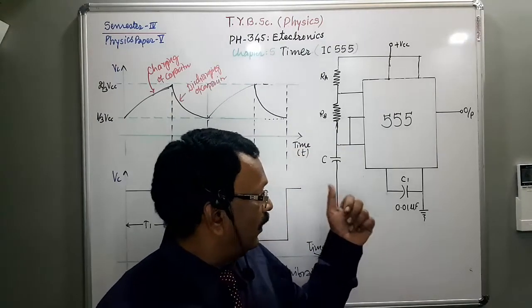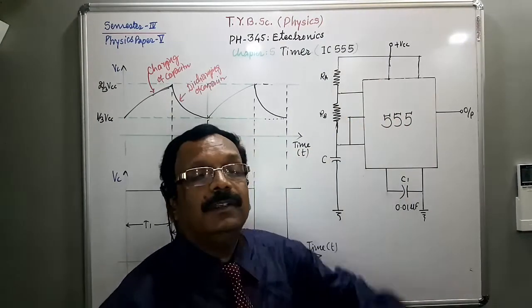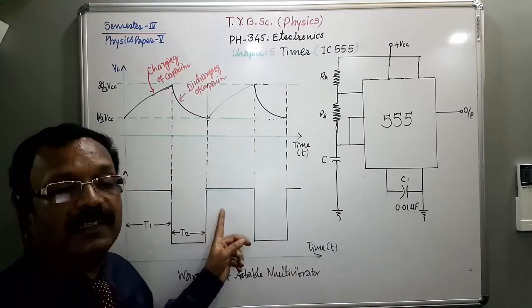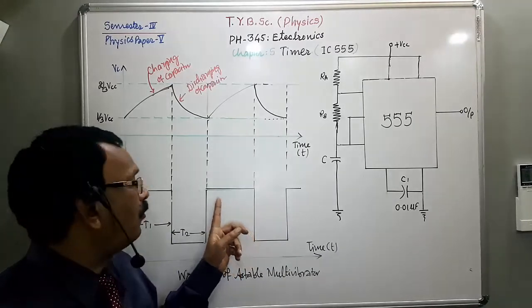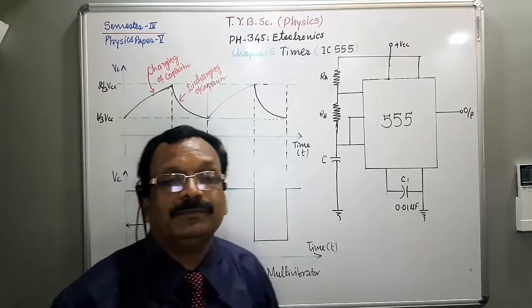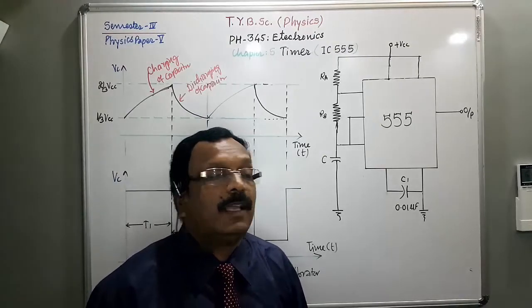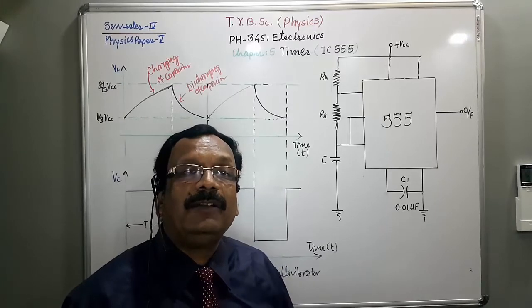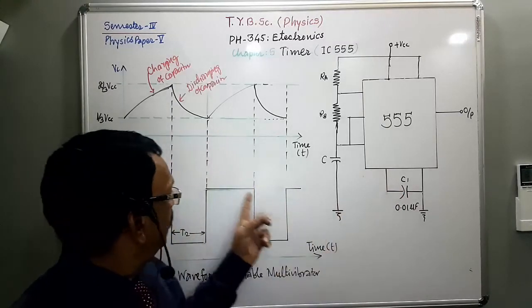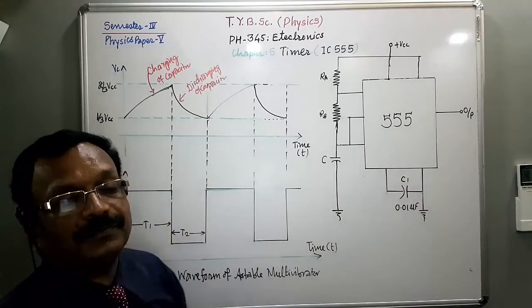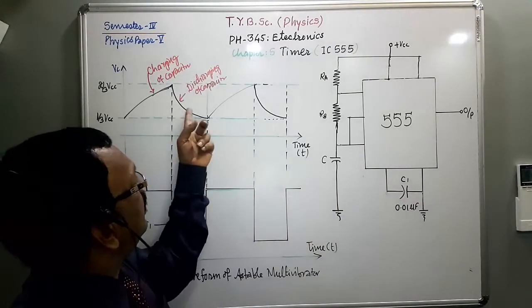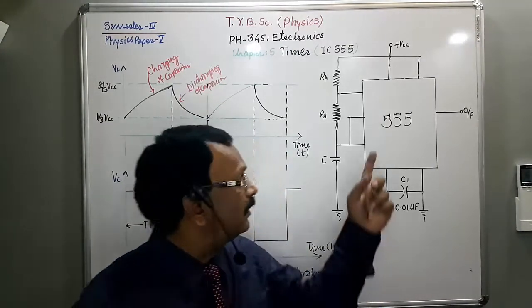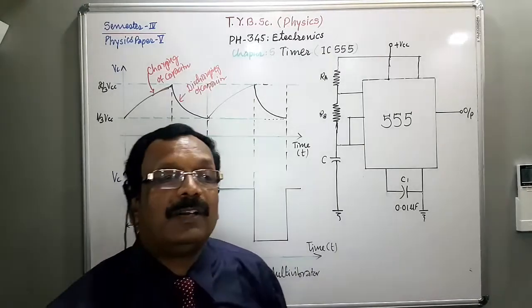First of all, this is the circuit for the astable multivibrator, and this figure illustrates its waveform. As the astable multivibrator produces a rectangular or square wave, we can observe the square wave here, and this is the charging and discharging of this capacitor.